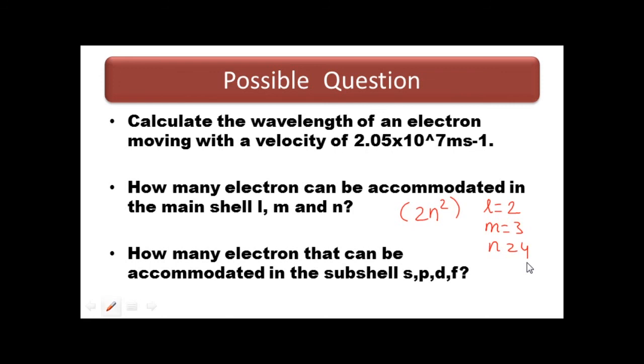Third question, how many electrons can be accommodated in the subshells s, p, d, f? So this is the formula, 2 into 2L plus 1. Already know what is the L value for the s orbital? 0, p orbital 1, d orbital 2, f orbital is 3.